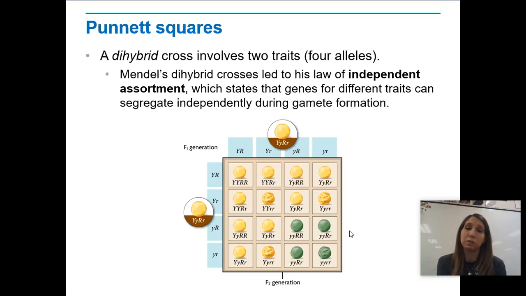So speaking of that, Mendel had another law. We talked about one of the laws with section 12.1, I believe, and that was the law of segregation. This one is called the law of independent assortment, and it's the second and final law. According to Mendel, this means that genes for different traits can segregate independently during gamete formation. So in other words, you can have peas that are yellow and round.